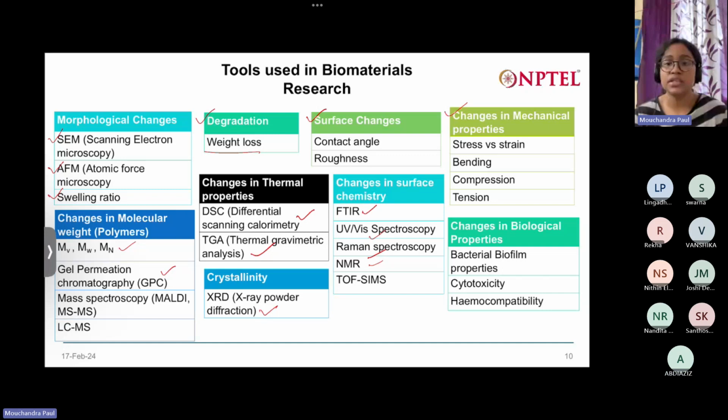And then there is another group of microscopy that is called atomic force microscopy. Now this particular technique is a hybrid form of microscopy, you can say, because here you are basically using a cantilever probe to map the surface.